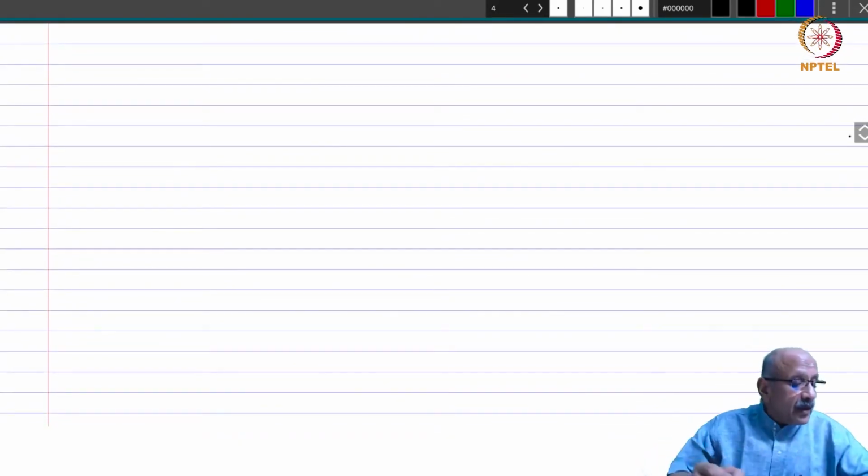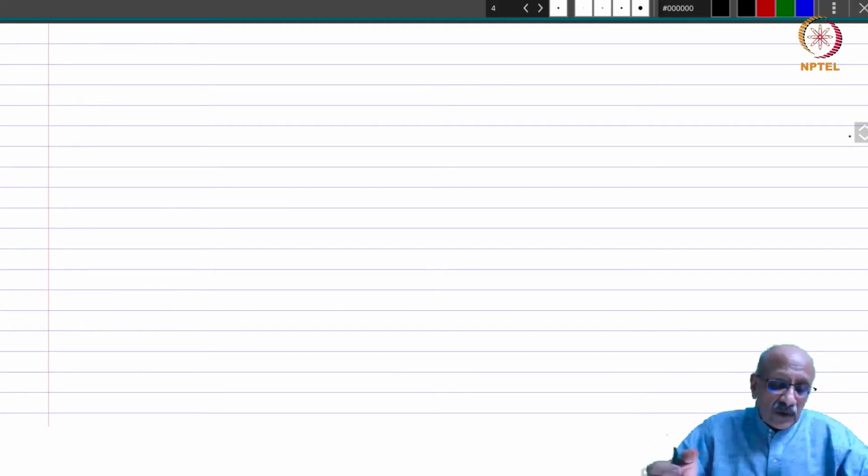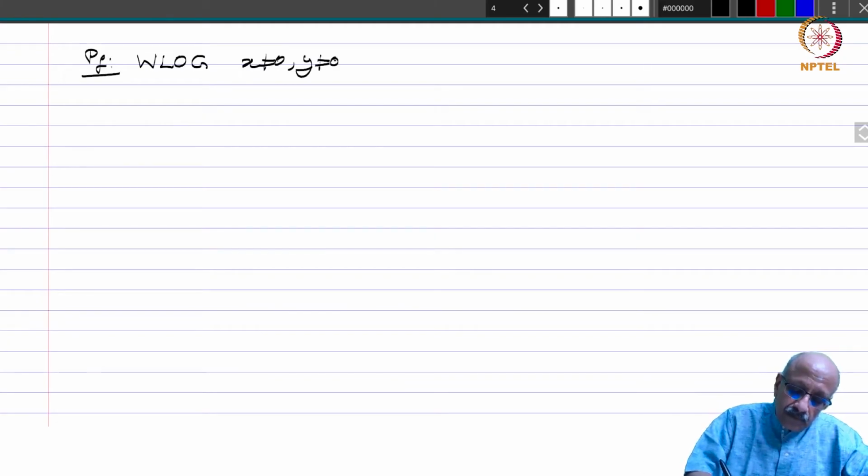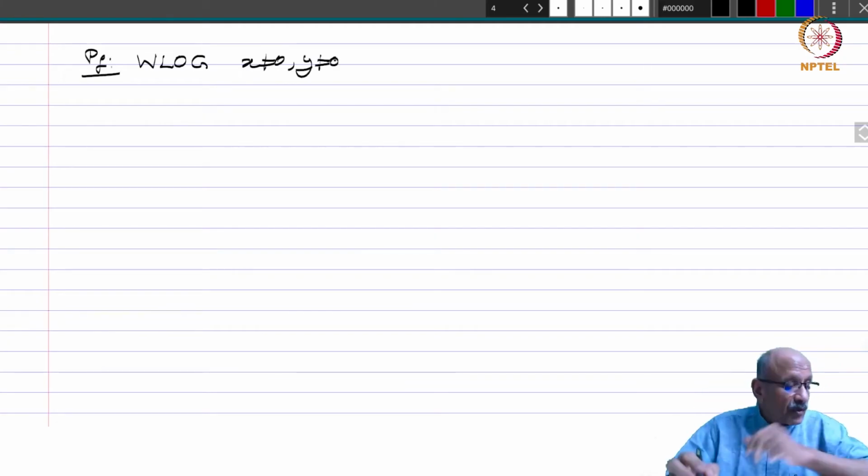Okay. If x or y is 0, there is nothing to prove in this inequality. So, proof: without loss of generality, we can assume that x is not 0 and y is not 0, because if one of them is 0, there is nothing to prove.